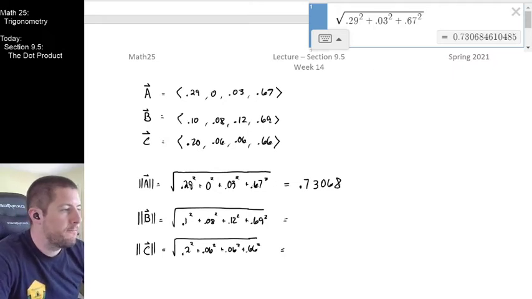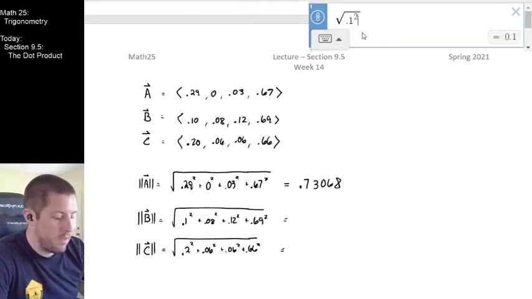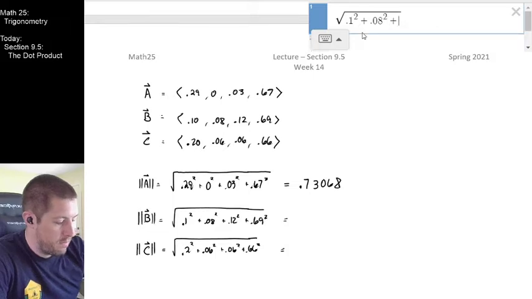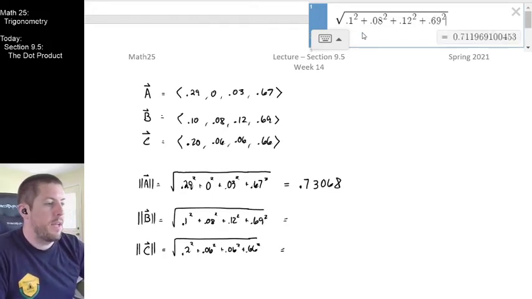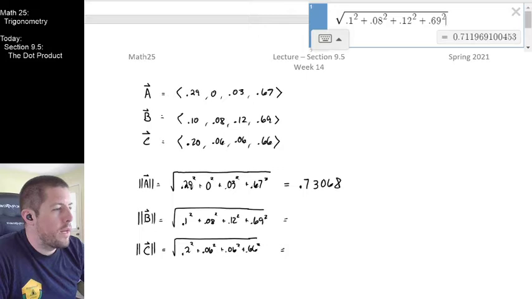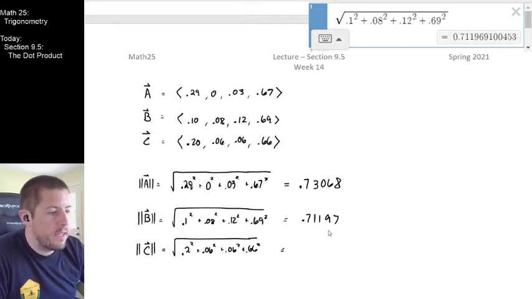Our next one here, 0.1 squared plus 0.08 squared plus 0.12 squared plus 0.69 squared. And I'm getting here 0.71197, by doing a little bit of rounding right there at the end.